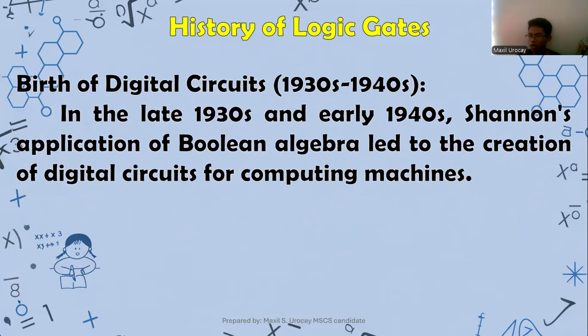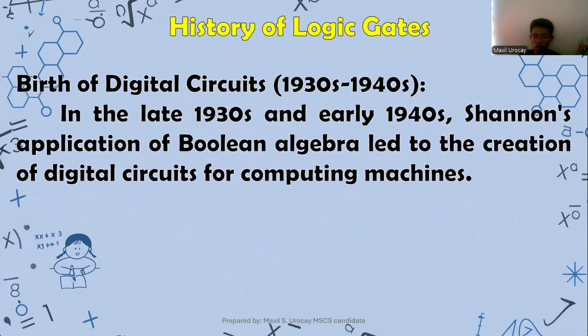The application of Shannon's Boolean algebra led to the creation of digital circuits for computing machines. At this time came the invention of the transistor. The early logic gates were built using relays and vacuum tubes.